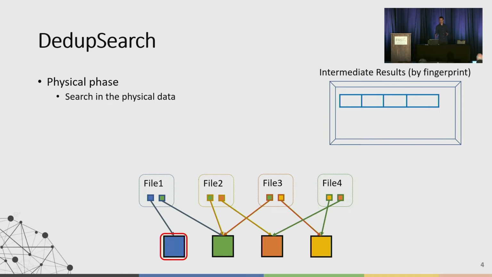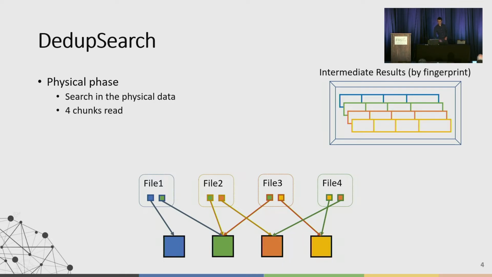For each chunk, we're looking for the keyword matches, and the matches we find, we keep in an intermediate result index. For each chunk, we have an object in the intermediate results according to its fingerprint. Pay attention that we got here only 4 chunk reads compared to the 8 that we had in the Naïve Search.